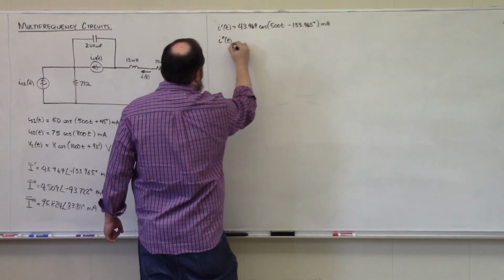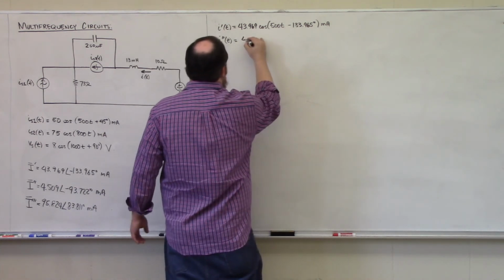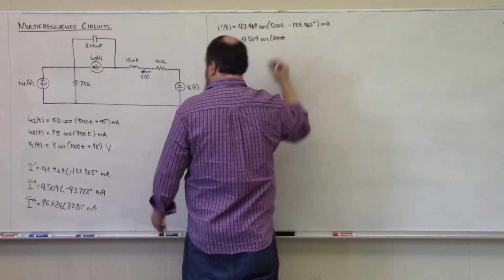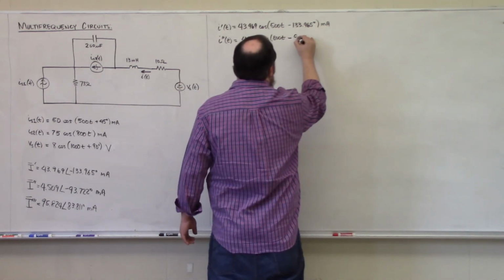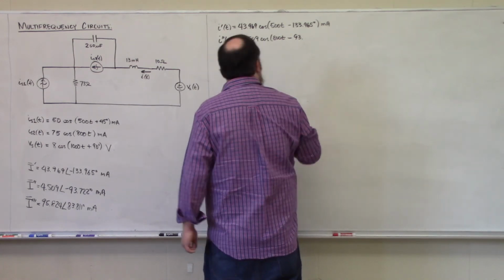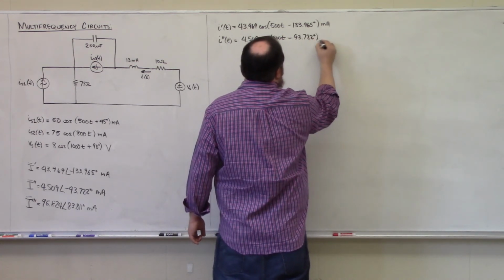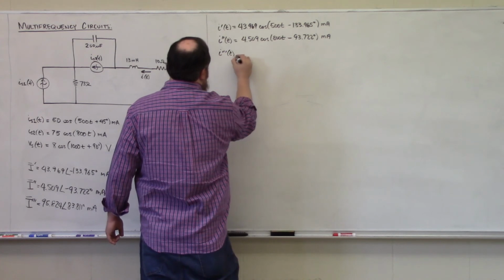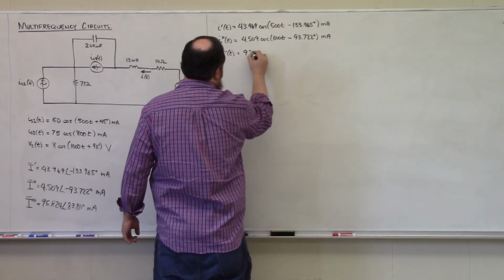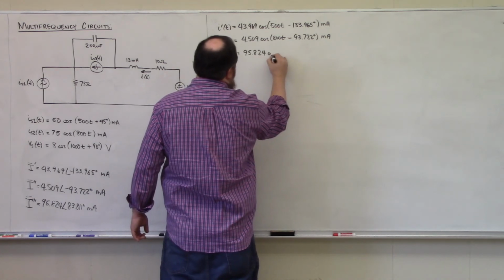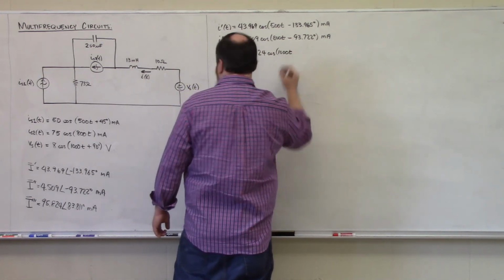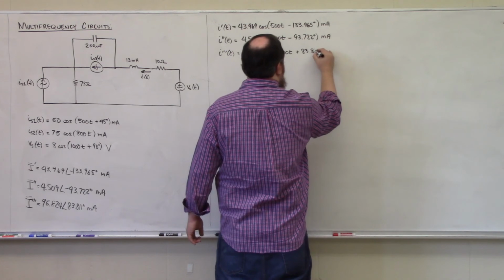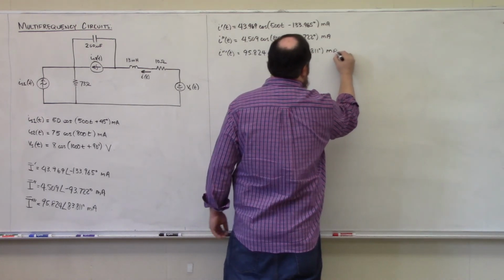I double prime of t will be 4.509 cosine 800t minus 93.722 degrees milliamps, and I triple prime of t will be 95.824 cosine 1000t plus 83.811 degrees milliamps.